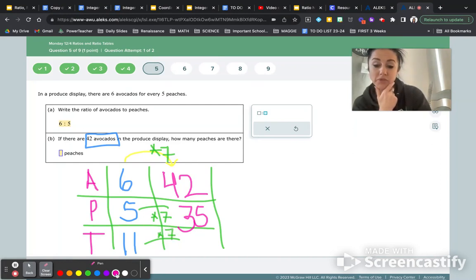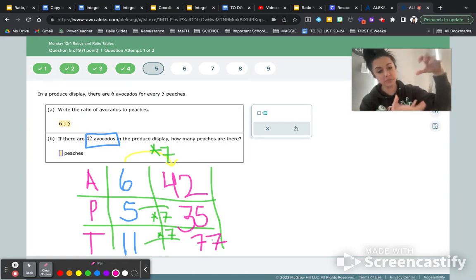It's not really necessary for this problem, but it's nice to keep in mind so when you are asked to do it, you're not completely thrown off. So in general, if we have 42 avocados, we are now going to also have 35 peaches for a total of 77 pieces of produce, because everything is now 7 times the original amount.